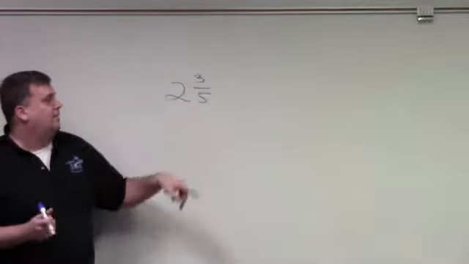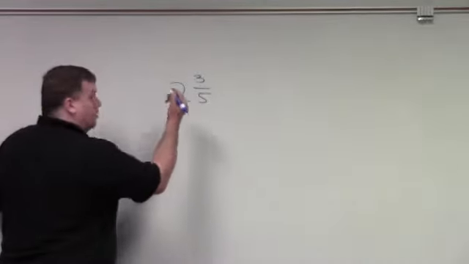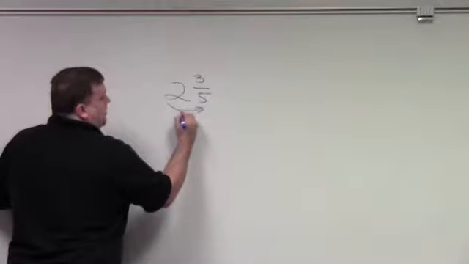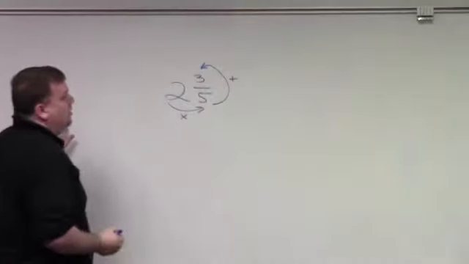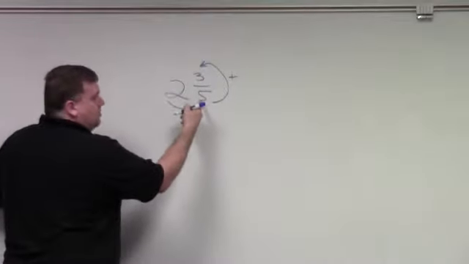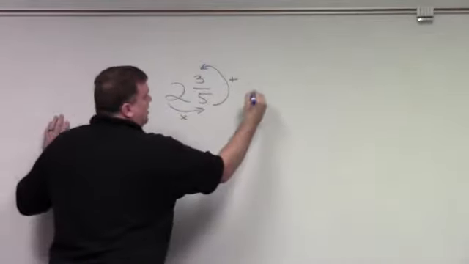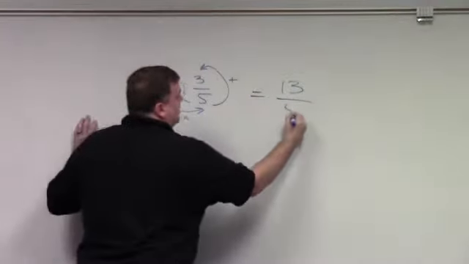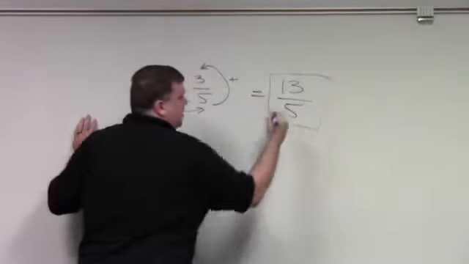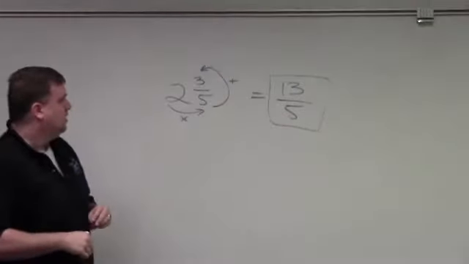And then add 3. Some of the instructors say going around the world: 2 times 5, you multiply, and then add. So 2 times 5 is 10, add the 3, 13, and then you always keep the same denominator.